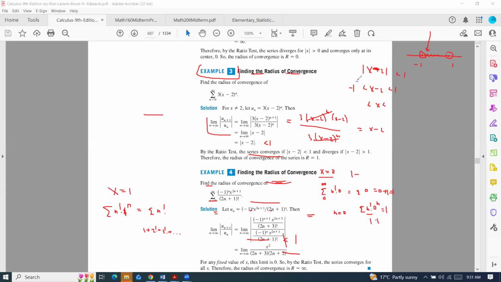And the way we do it is we increase each part of this inequality by 2. So when I add 2, the result is going to be 1 on the left side and 3 on the right side. So for x values on that open interval, we have absolute convergence.